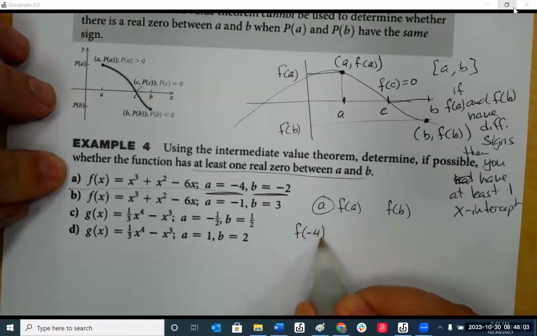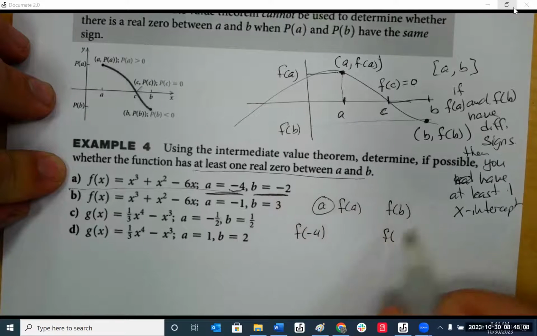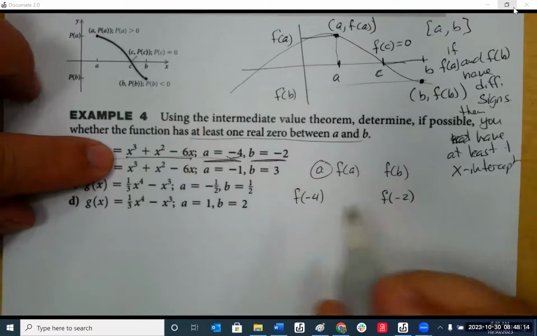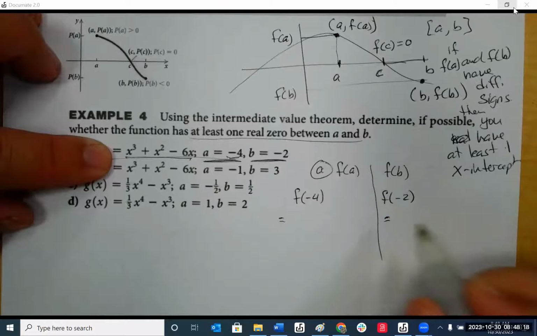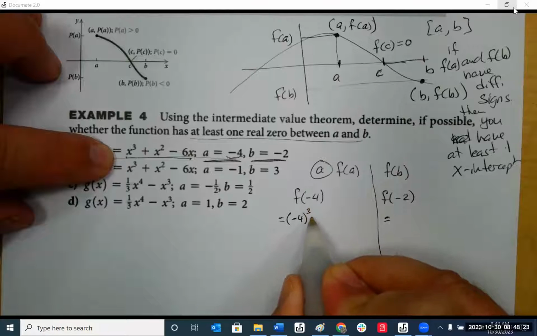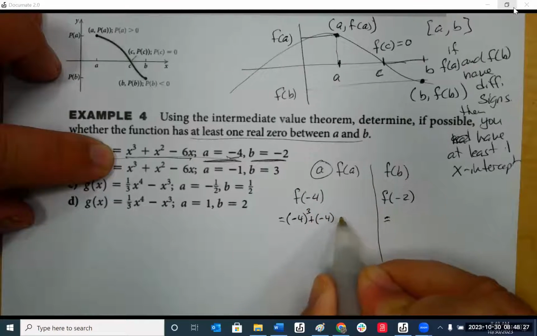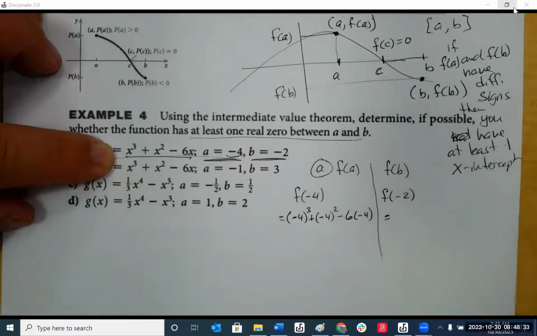And if they have different signs, then there has to be at least 1 zero. So since A is -4 and B is -2, we plug those into the equation. -4 cubed plus -4 squared minus 6 times -4.